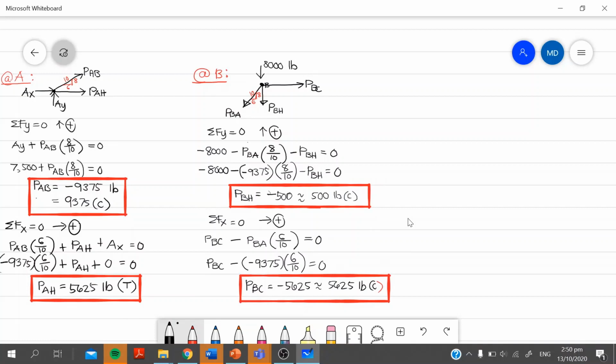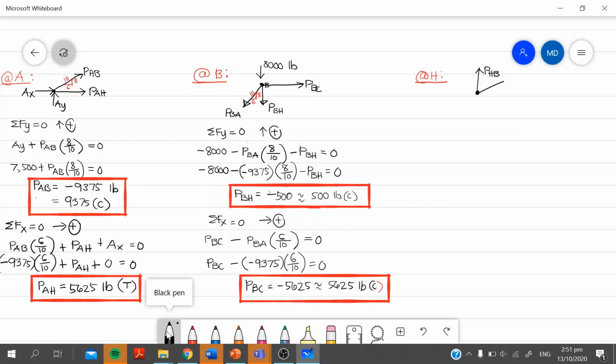So at joint H, ano yung mga members na kumabit sa kanya? So ito 'di ba? This is joint H and then assume natin na tension yung mga members na kumabit sa kanya, meaning away from joint H. So this one is force HB, 'di ba?